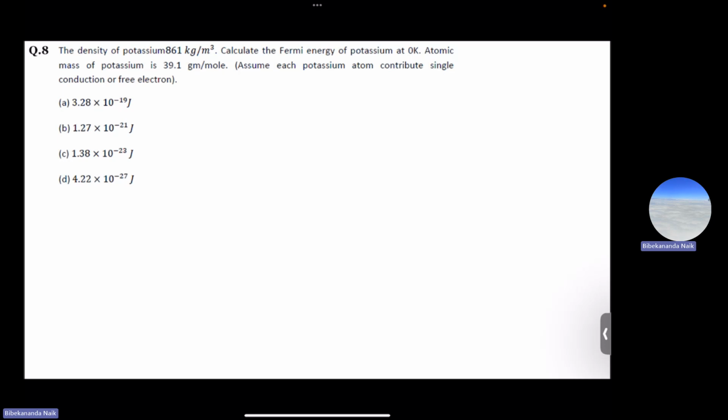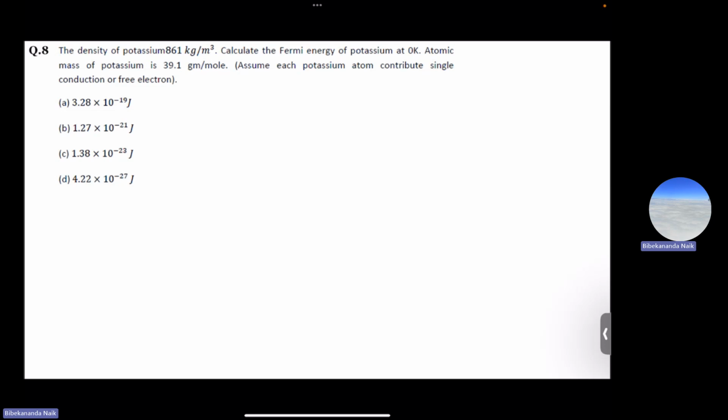So here similarly we will calculate the number density n, but here since the structure is not known to us, and also the unit cell dimension or the atomic radius is not given, we will use another formula for calculating the number density, in terms of mass density and the molar mass or atomic mass of potassium, that is 39.1 gram per mole.